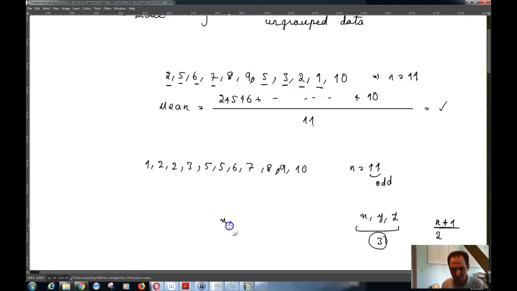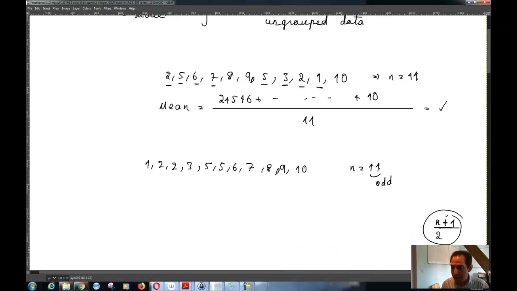And if I have x, y, z, a, and b, the number of observations is 5, and 5 plus 1 divided by 2 is 3. So it's n plus 1 divided by 2.